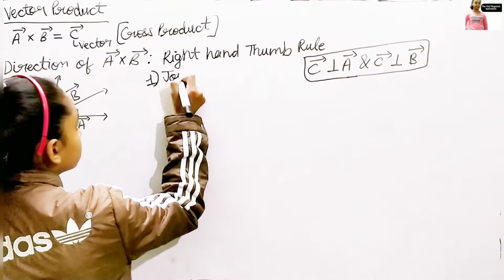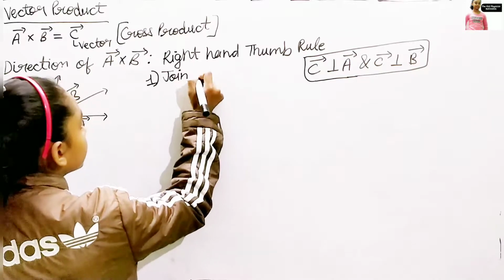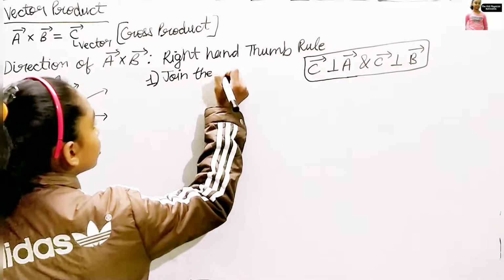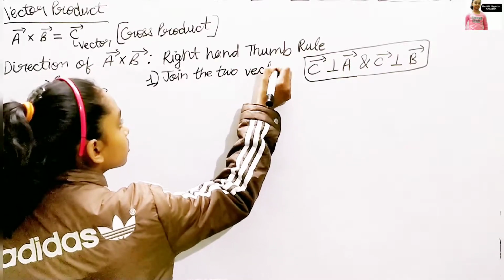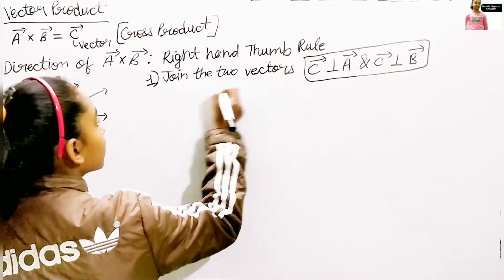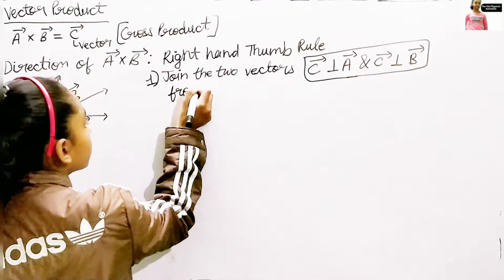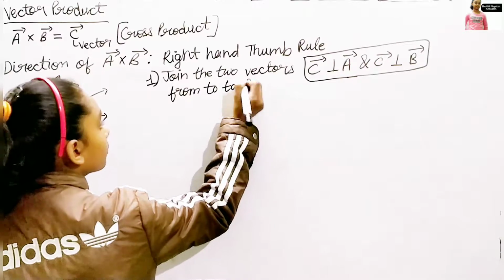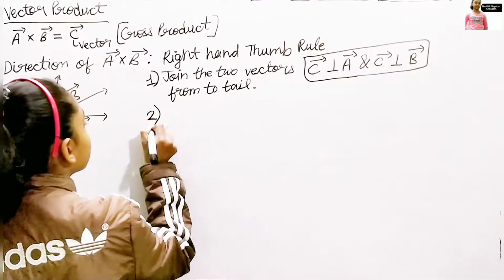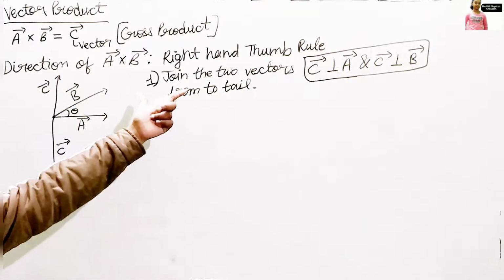Join the two vectors from tail to tail. Can you see it?